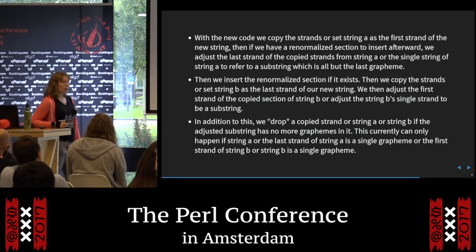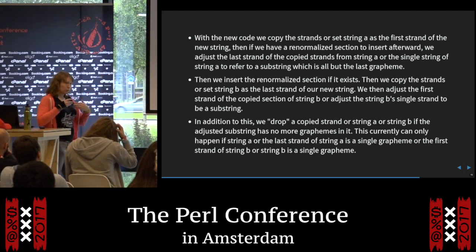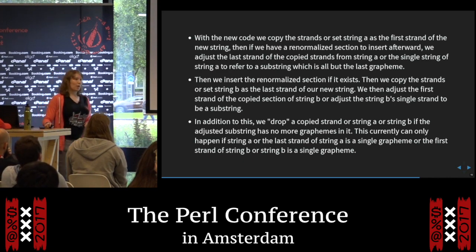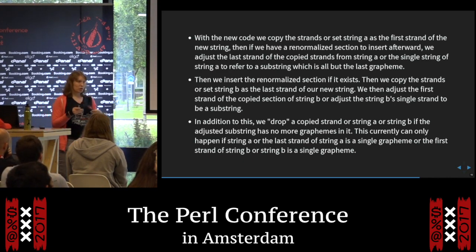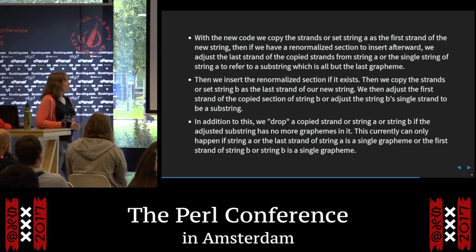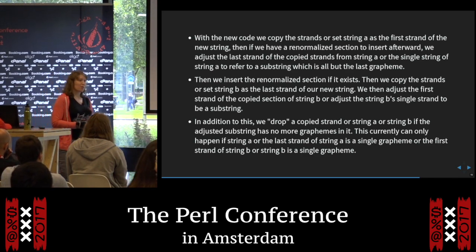So what we do is we adjust, as I said, there could be multiple strands in the things we're concatenating, which made it kind of tricky because I would have to make sure to adjust the right strand. And sometimes there'll be 1 code point, and then it would be totally consumed. And our grapheme iterator doesn't like that when there's no code points in the strand.